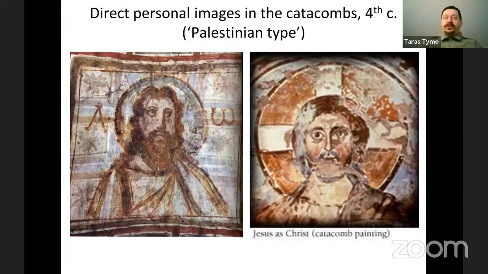I mentioned before that there were Christian legends circulating around that were later written down by a great church historian, Eusebius, in the 4th century in his church history book called Ecclesiastical History.